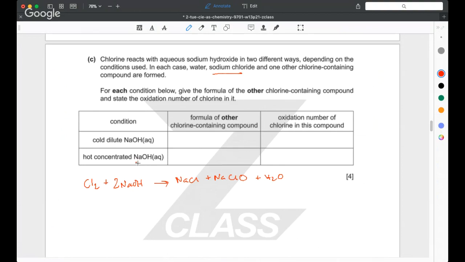And then with hot concentrated sodium hydroxide, you've got a different reaction. Again, we're making sodium chloride, and this time you're making NaClO3 plus, I'm going to write that out again, it wasn't very clear.